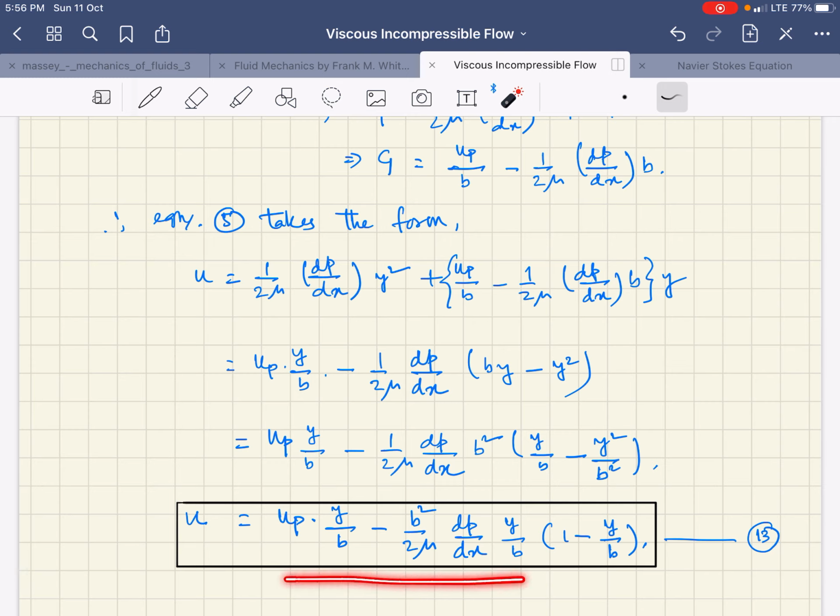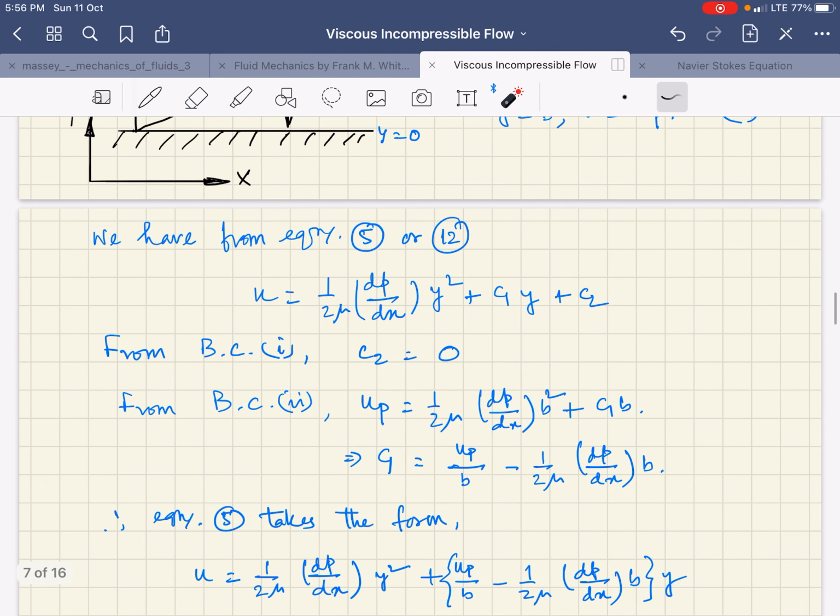So this is the changed or modified expression of velocity profile as one can observe with respect to the previous one, in whatever approach you do. Okay, that is denoted as equation 13. Okay, so this is the Couette flow velocity profile.